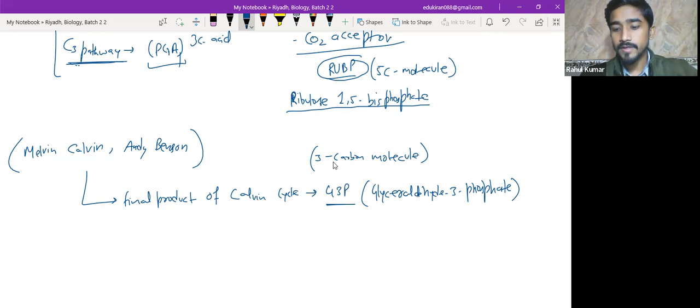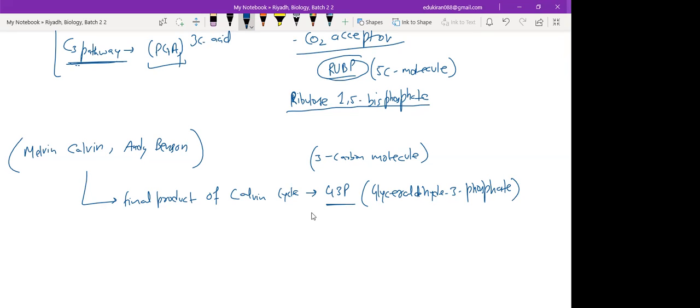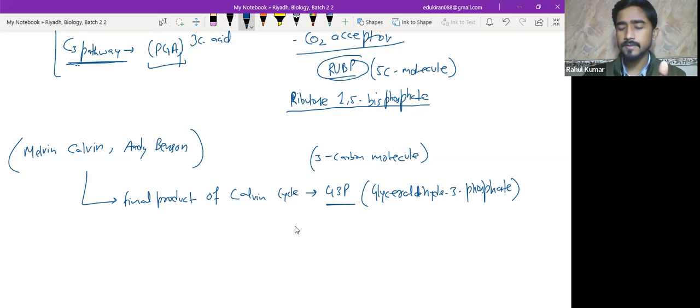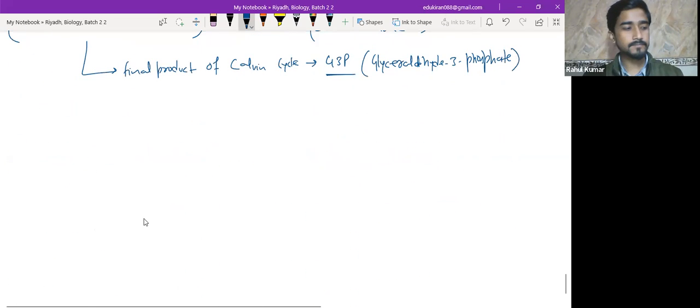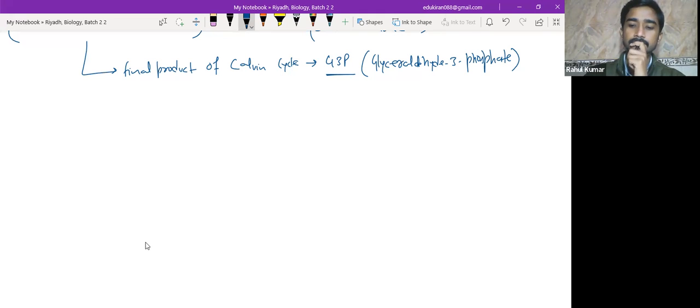So let's first write down this one thing: the Calvin cycle reactions can be divided into 3 parts. We'll study step by step. First part is carboxylation.